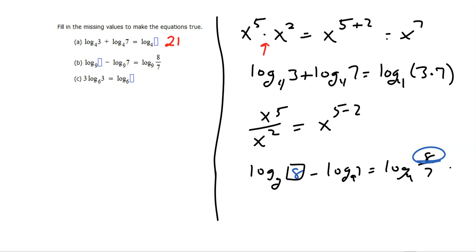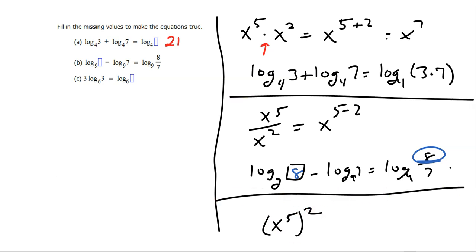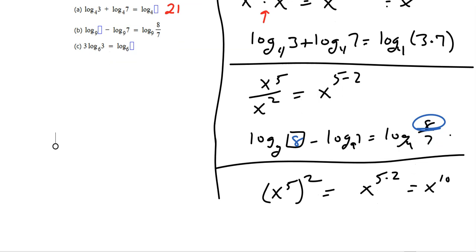And a very similar rule would be, remember, if you have something to an exponent raised to another power, what do you do with those exponents? You multiply those exponents together, so that'd be x to the 10th. With the logarithms, that's the same kind of thing. We're multiplying two things here. One of those, we have a 3 times the log base 6 of 3.